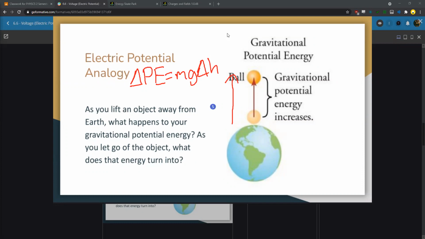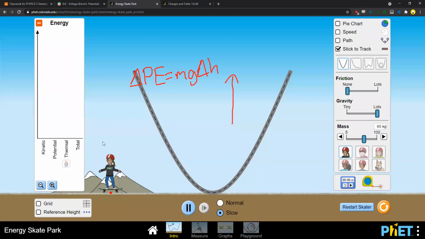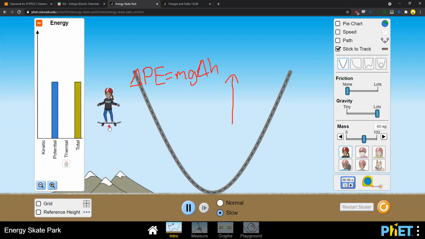Guys, I showed you this simulation. Please tell me you guys remember the simulation. As I lift this skateboarder, you notice that my potential energy increases. And then, what happens when I let go of this skateboarder?